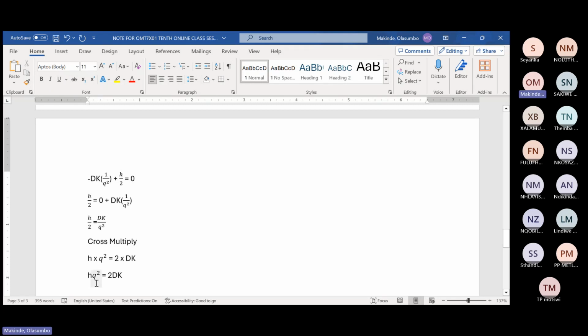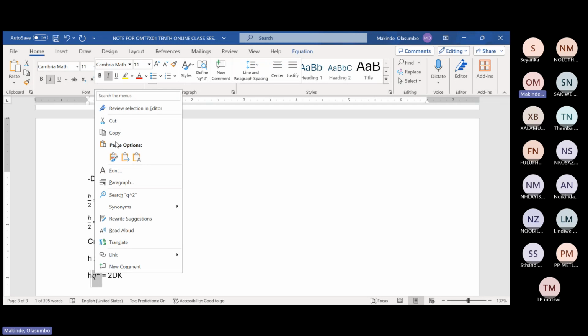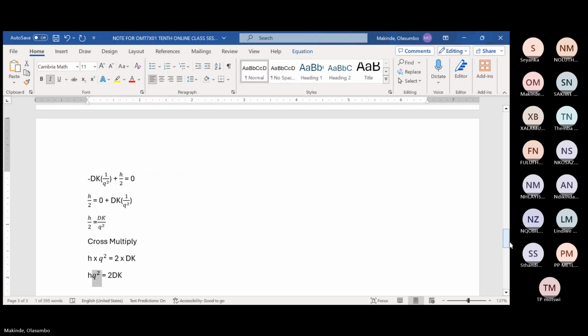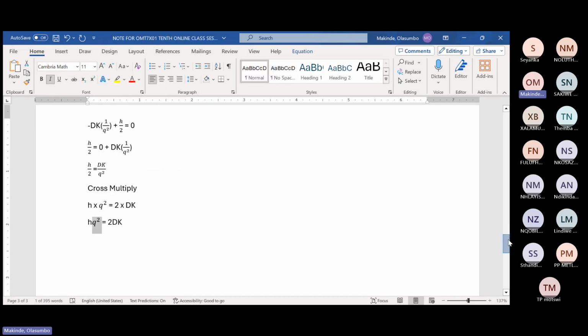Now make q the subject of formula by dividing both sides by h. You see, this will give you q squared. We're almost there now. Q squared equal to 2 dk over. Yes?